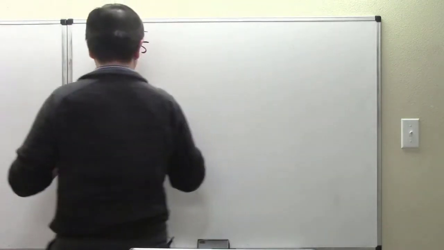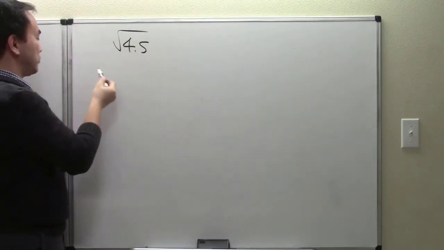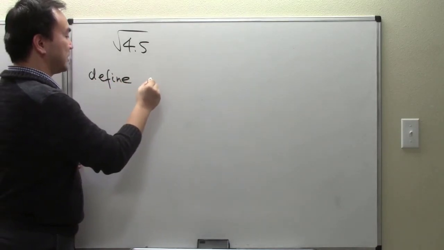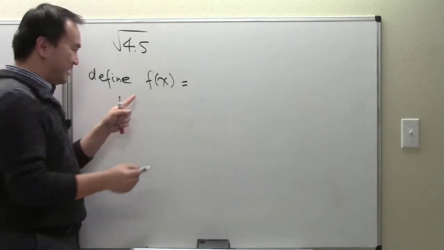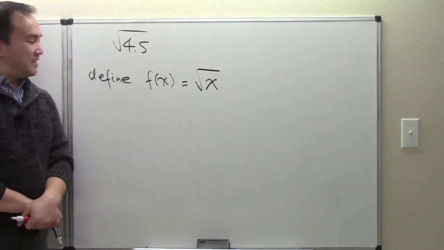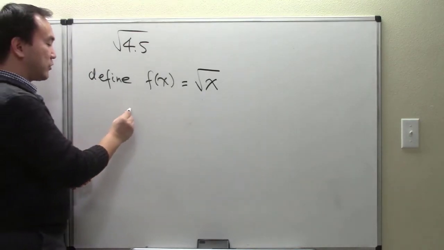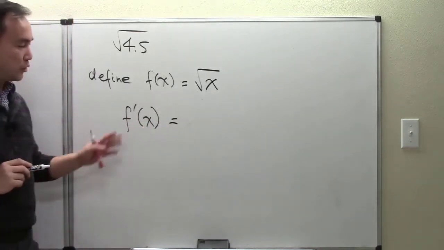In my work here, the real actual step now is that once we realize that our function, which earlier I was saying is something we notice, but now we take it as a formal understanding, if we define a function being the square root of x, then I am going to find our derivative. The derivative of square root of x.